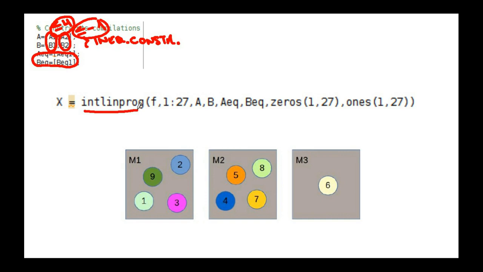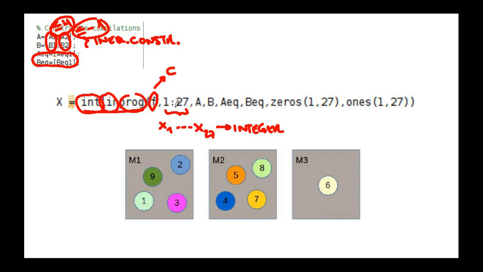And finally, we call intlinprog, you remember, for the MATLAB environment. This is the coefficients of the cost function. This will be c. You remember all the coefficients for the cost function. This means that from x1 till x27, all of them are integer variables, integer linear programming. So all of the elements of the optimization array are integers.